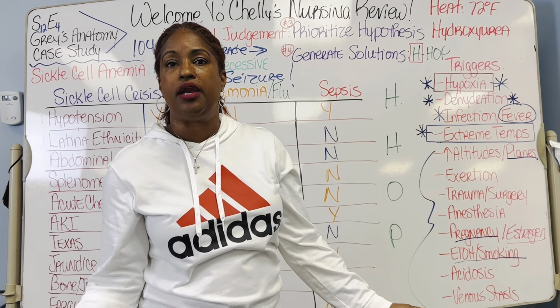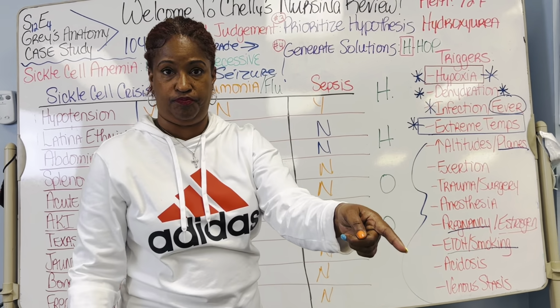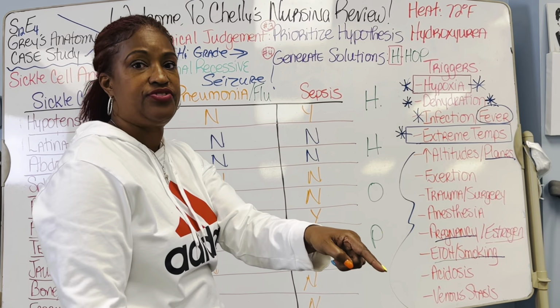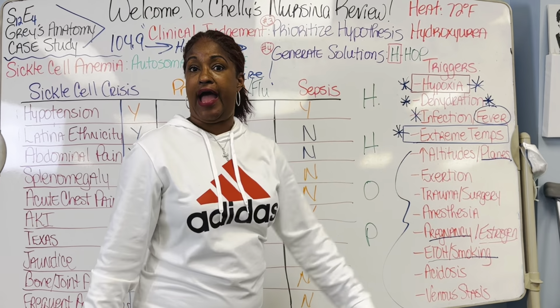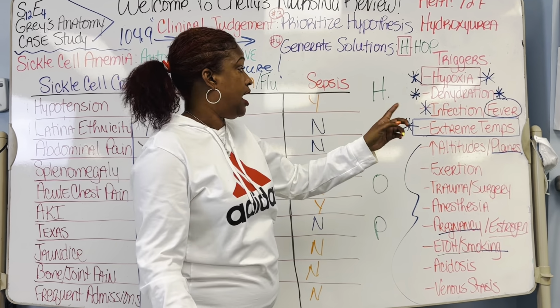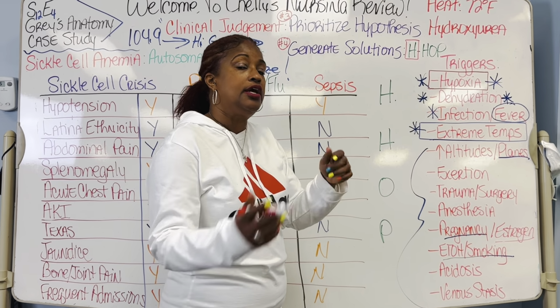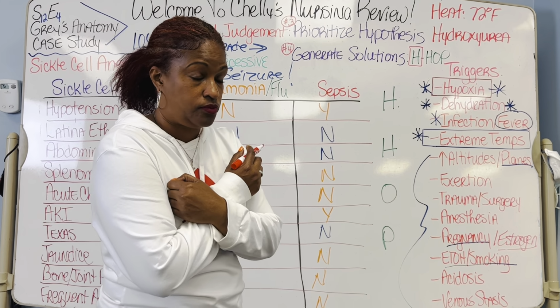I mean, come on. This is a vicious cycle. They killed her. They killed her with that bullshit generating solutions with ice. They killed her. I said H for heat. Keep the patient warm. Okay.